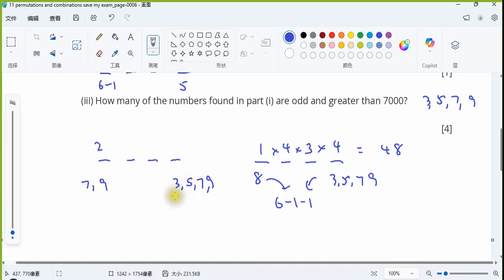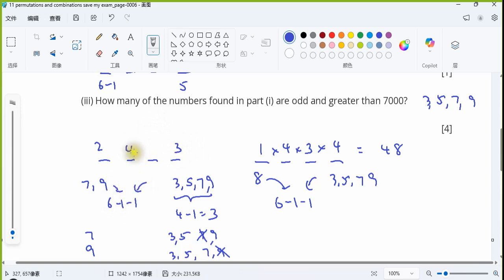If we start with 7, then we cannot end with 7 anymore, and if we start with 9, then we cannot end with 9 anymore. So the last digit has 3 choices here, and then 6 minus 1 minus 1, then 4, 3.